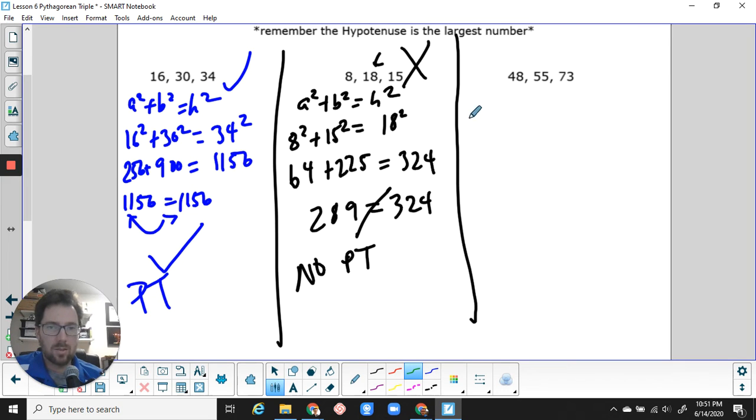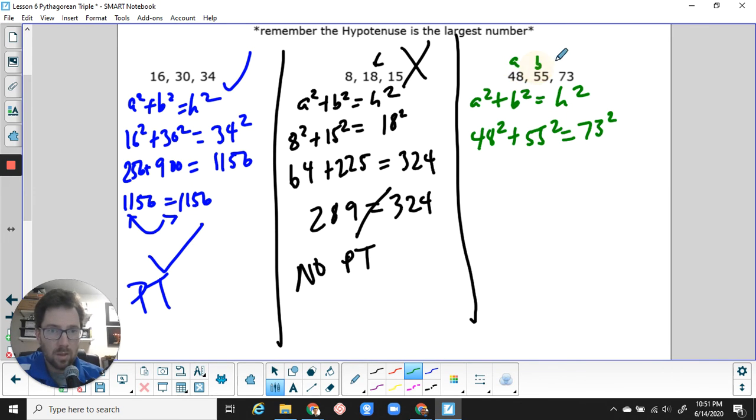Let's take a look at this last one. A squared plus b squared equals h squared. What's the biggest one? 73 squared. So 48 squared plus 55 squared. I'm just labeling this A, B, H. I just labeled each of those numbers.